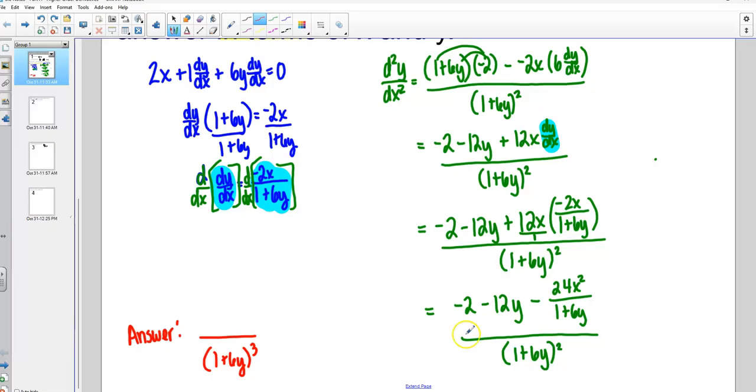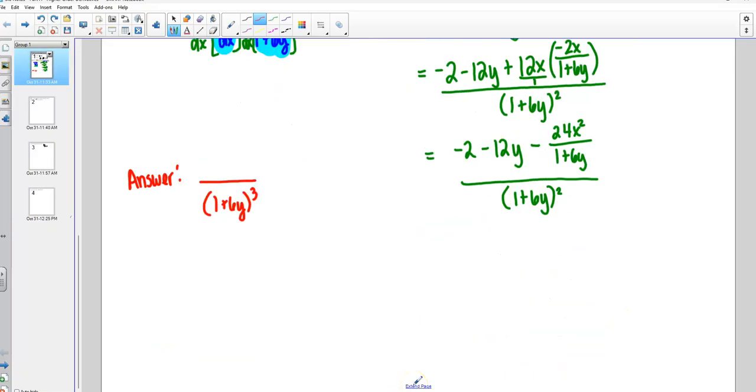And it looks like it'd be really nice to just move that down to the bottom right here, but can I do that? Not right now, because 1 plus 6y does not go with every term. So we could get common denominators. We can do it. All right, so the common denominator needs to be 1 plus 6y.